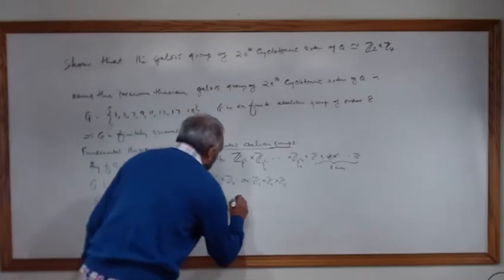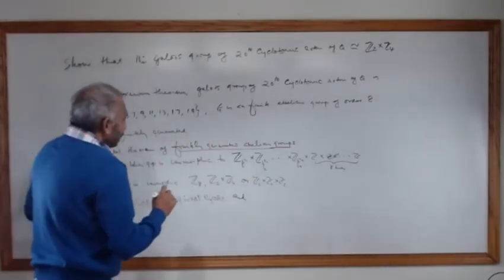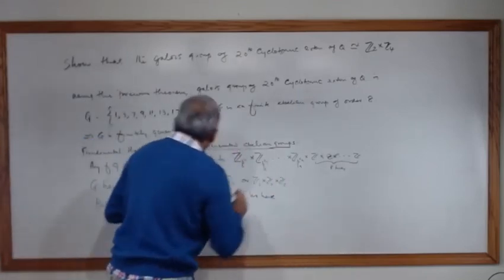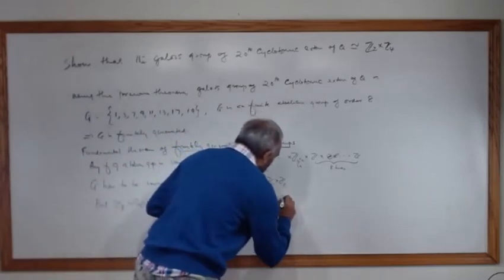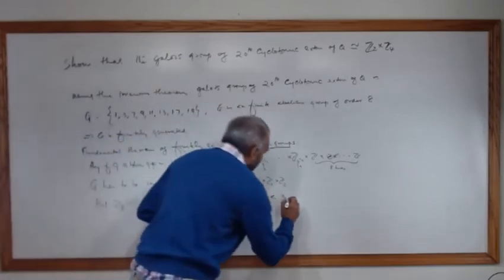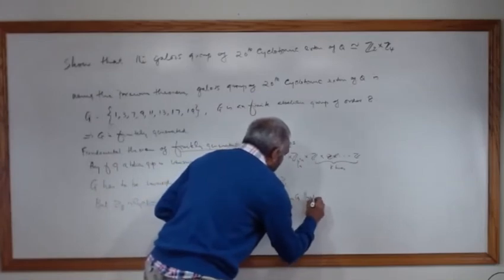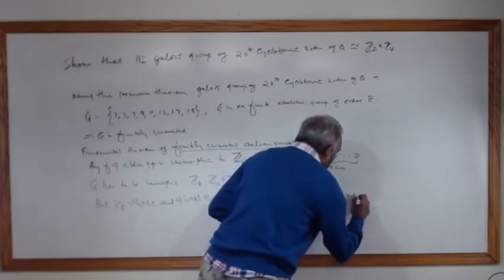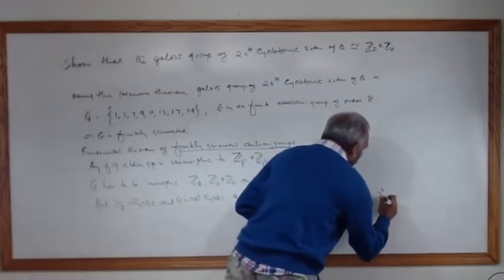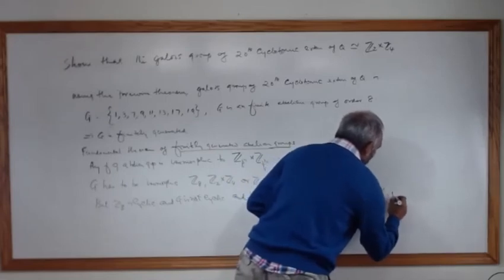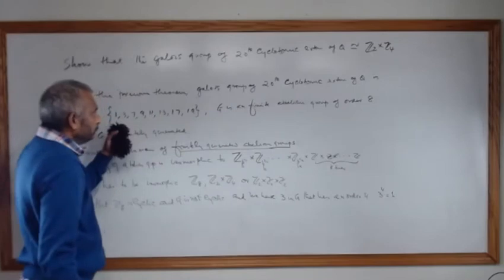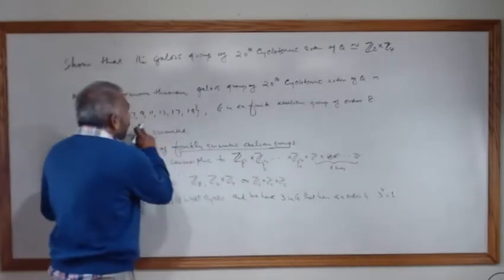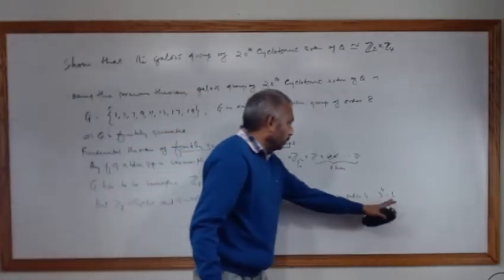And we have an element 3 in G that has order 4, meaning 3 to the power of 4 is equal to 1 in here. 3 to the power of 4 is equal to 81, mod 20, and that is 1.